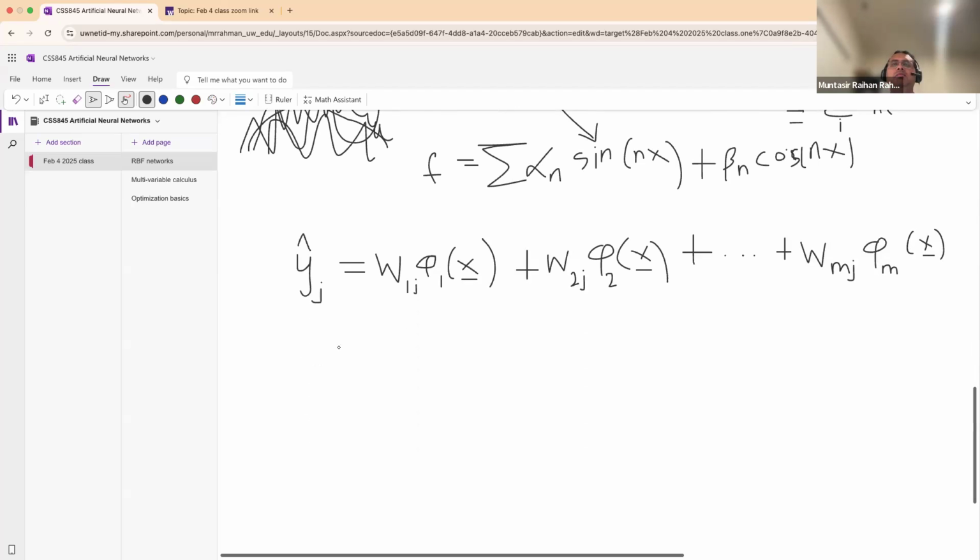To give a smaller example, let's say we have a system where I have 2D inputs, and my output is also two-dimensional. And let's say I also have m equal to 2. So that's a simple system.